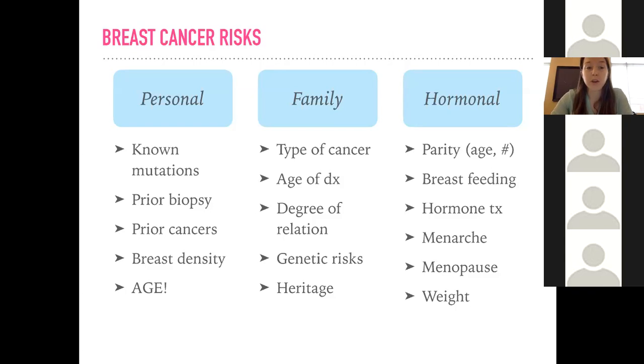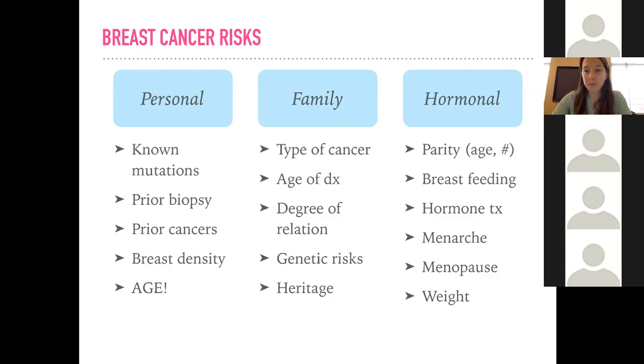Other things like prior cancers or prior cancer treatment, specifically radiation therapy, are really important to know. Breast density is a personal risk factor and something that they probably won't know about themselves unless they've already had imaging done. And then age, of course, is super important as well.